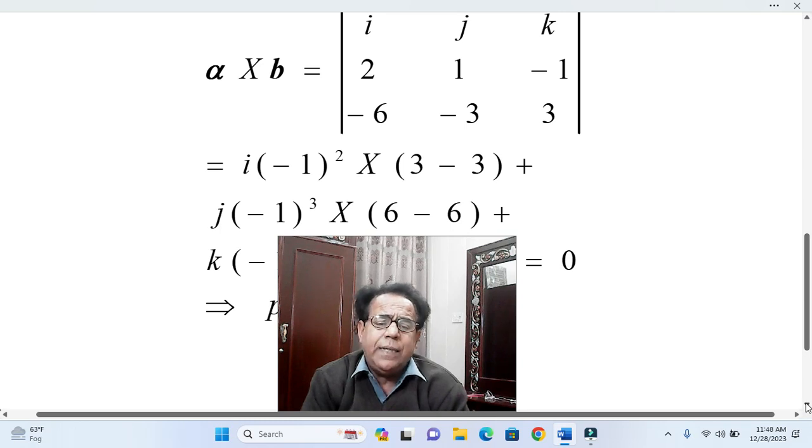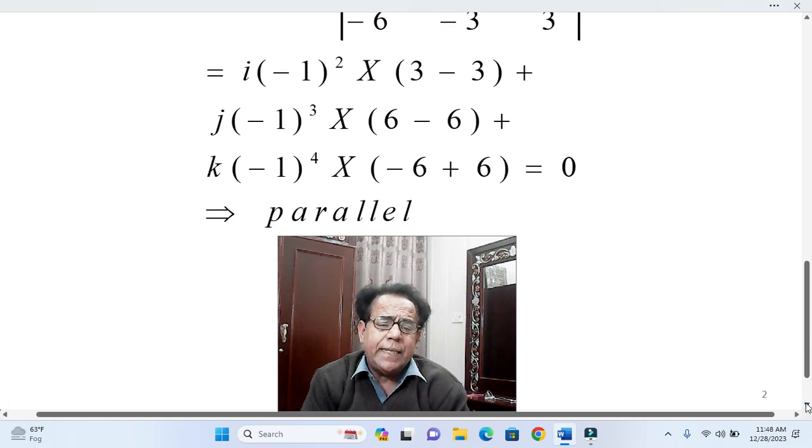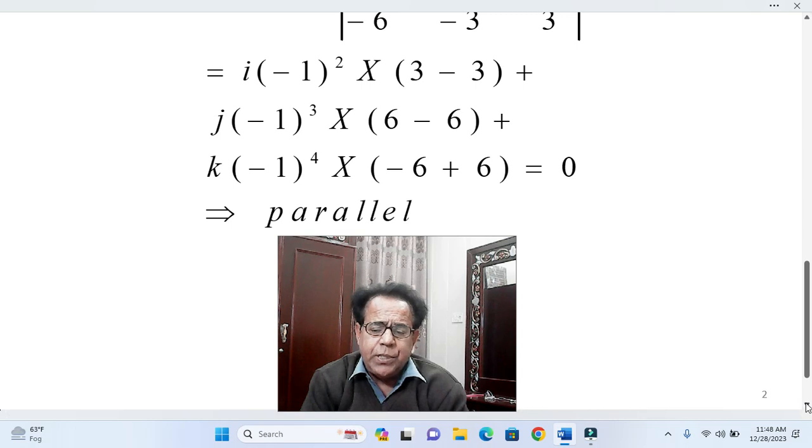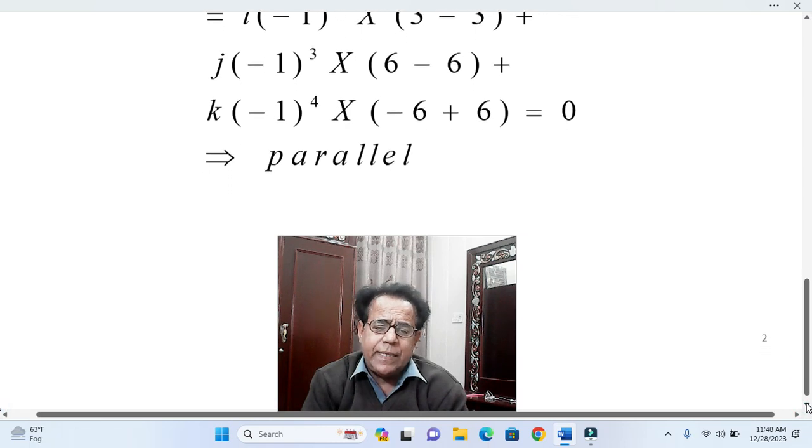So all the three become 0, and hence we see that the cross product a cross b becomes equal to 0, and this 0 value suggests that these two vectors are parallel to each other. So this implies that vectors a and b are parallel.